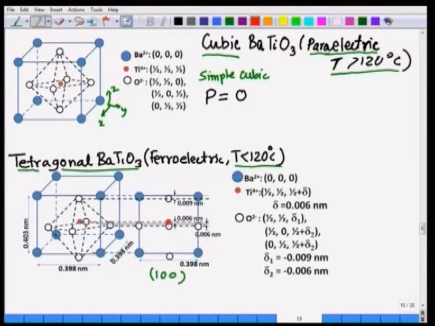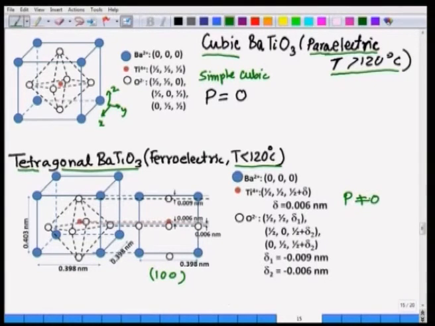So, net positive charge will be somewhere above this blue line, whereas if you look at the oxygen cage right here, the net negative charge would now be slightly below the blue line. Therefore, the center of positive charge and the center of negative charge are not going to coincide. The consequence is that in this particular material, P will not be equal to 0.